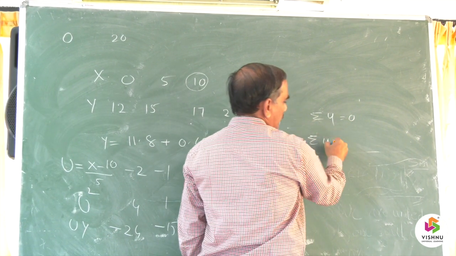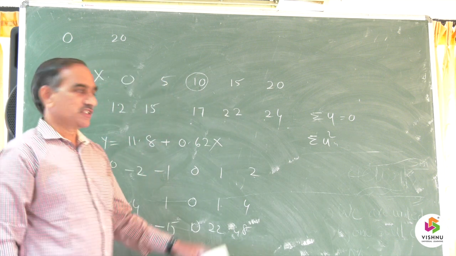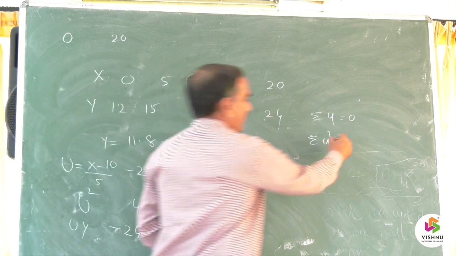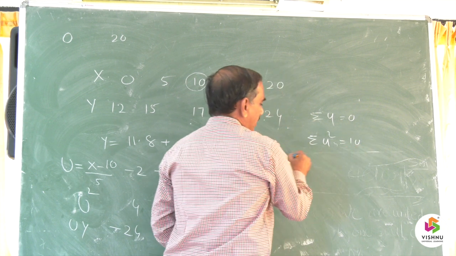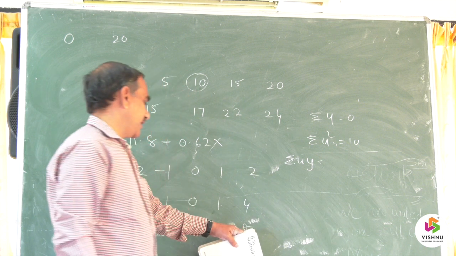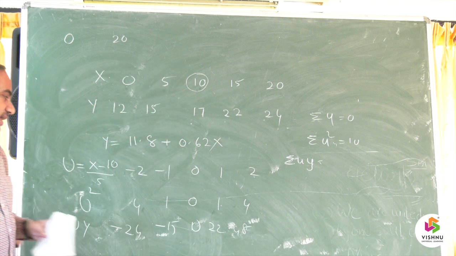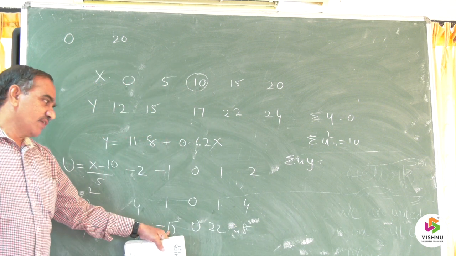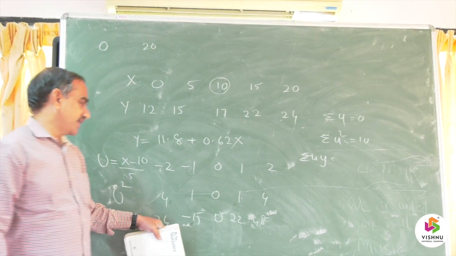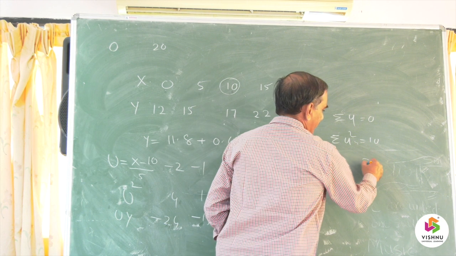Similarly, sigma u square is equal to 4 plus 1, 5, 5 plus 5, 10. So sigma u square is equal to 10. Similarly, you can calculate sigma u into y. So 48 plus 22, 70. 70 minus 15, 55. 55 minus 24, 31. Equal to 31.